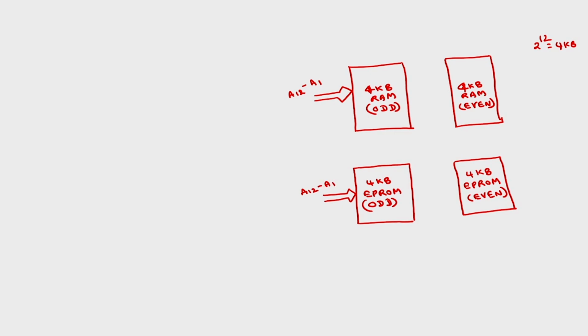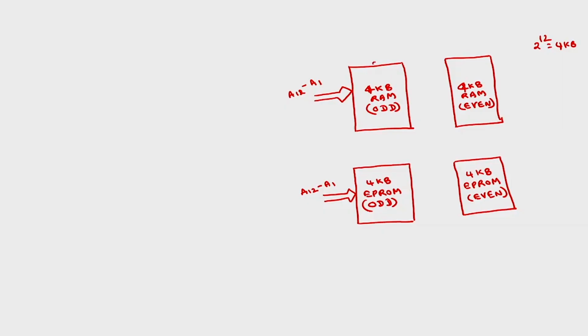The reason A0 is not used is that A0 is used to select the banks. For the even bank, A0 is always 0. So we will use A0 to select the banks, to find out the chip selects. Let me call them chip select 1 bar, chip select 2 bar, chip select 3 bar, and chip select 4 bar. To determine these values, we will use A0 and BHE bar, bus high enable bar, to obtain the chip selects.